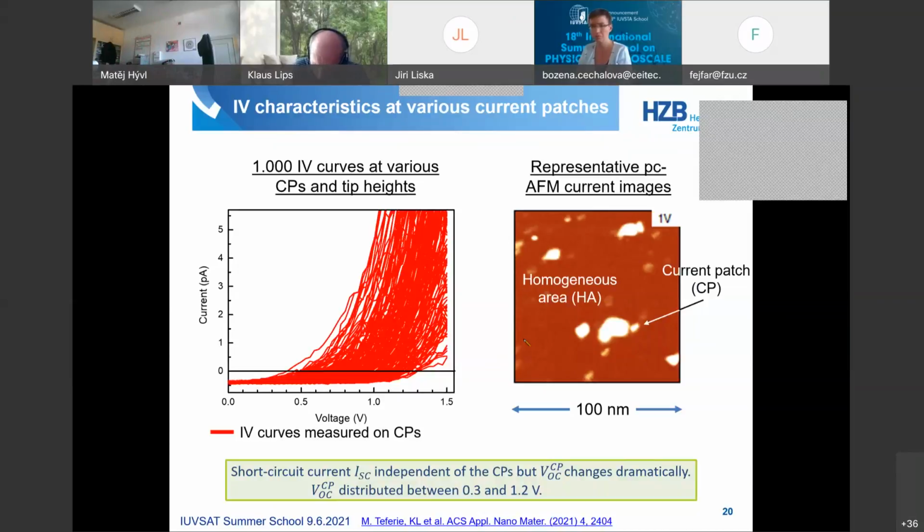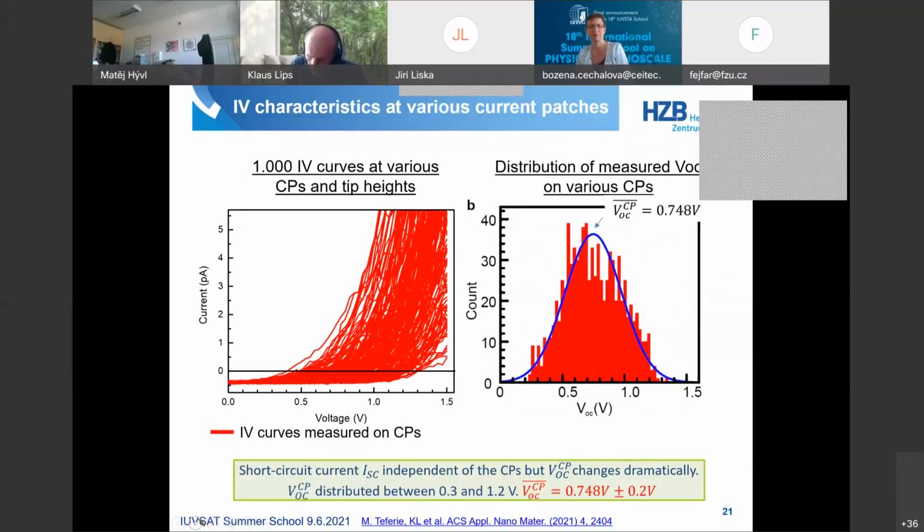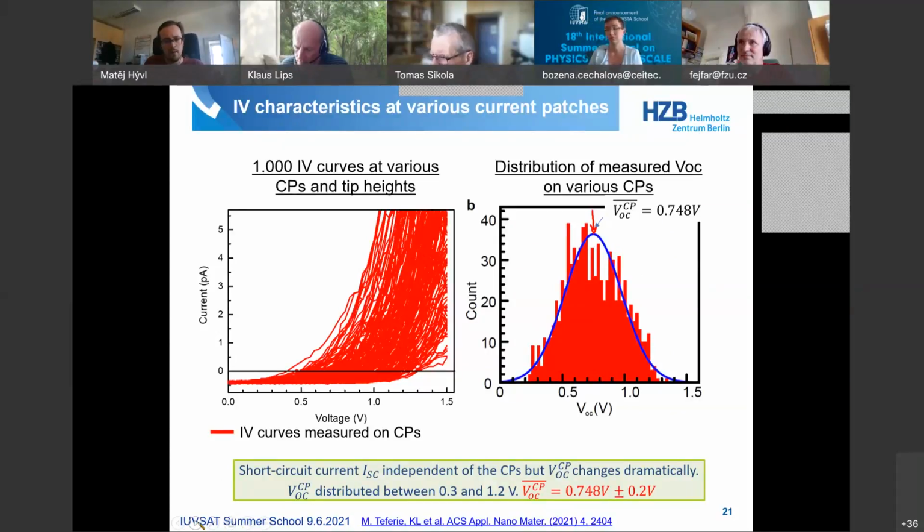Now let's take a look at that if we do a histogram of all these spots. On the right-hand side is a histogram where we show the distribution of all measured voltages. And you can see it can be easily fitted by a Gaussian curve, and the peak of this is at 0.748 volts plus minus 0.2 volts. So it's quite a narrow distribution.